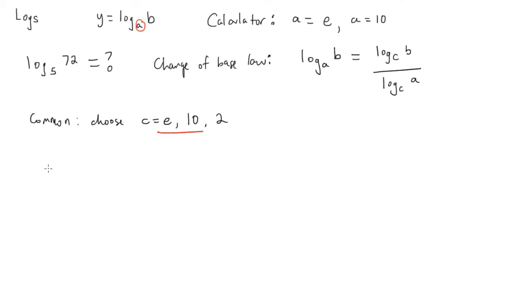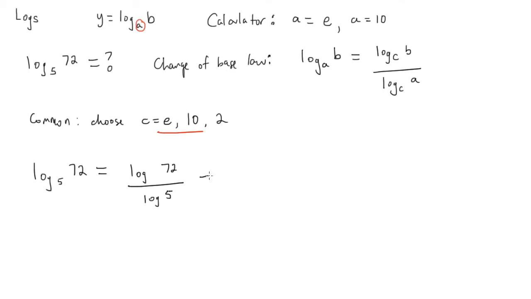So for example, let's say that we had this question that we had a minute ago. The log base 5 of 72. Well, I want to convert this into, say, base 10 logarithms, in which case it would just be the log of 72 divided by the log of 5.